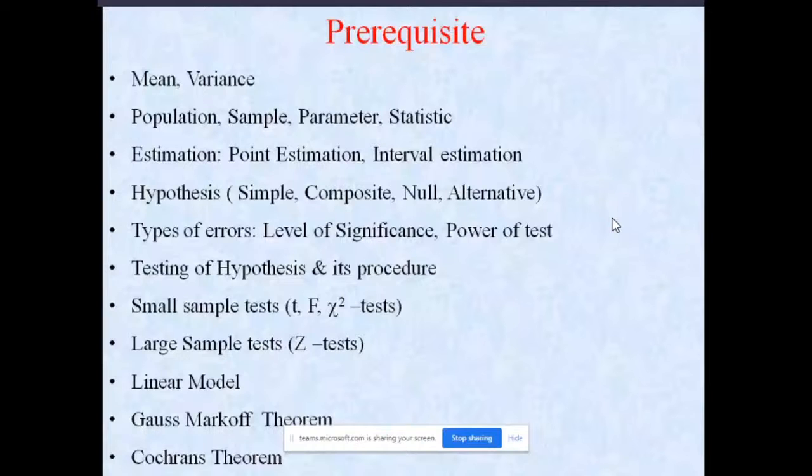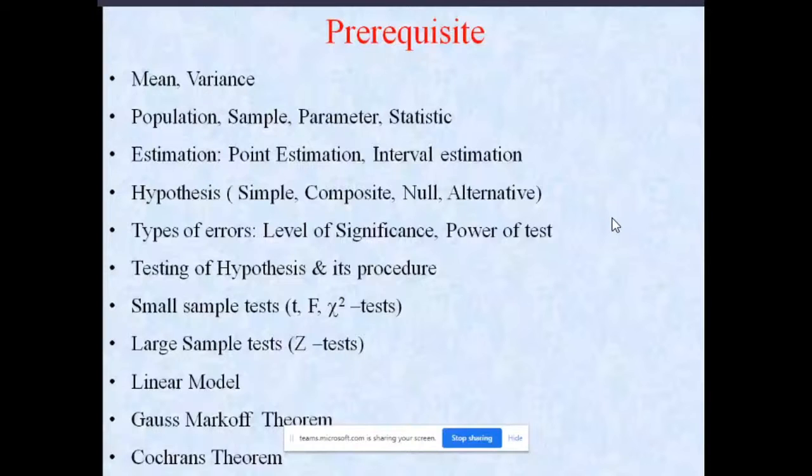These hypotheses we can generally express in two ways. One is called simple hypothesis and the other is called composite hypothesis. Simple means we are exactly specifying the value for the parameter. So that is called a simple hypothesis.